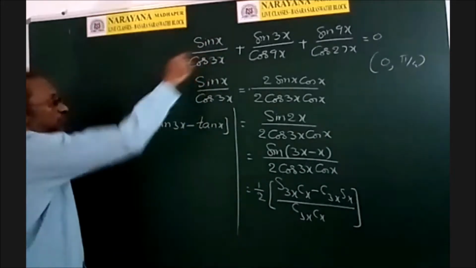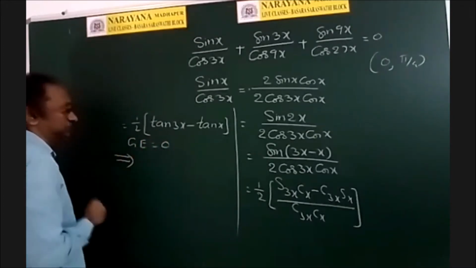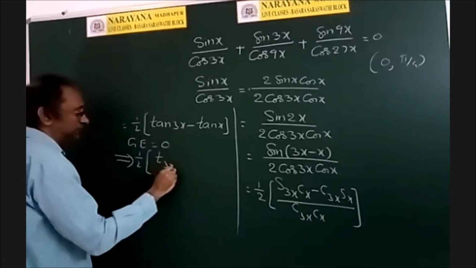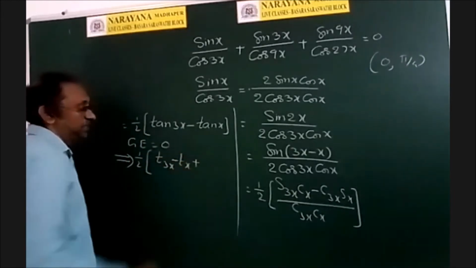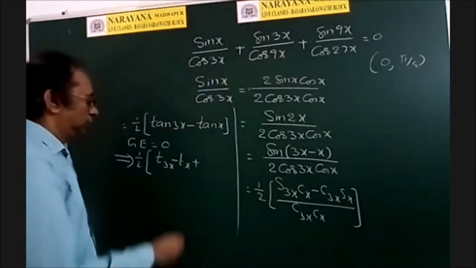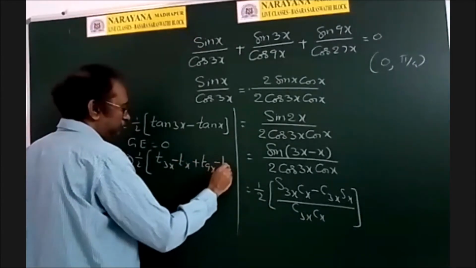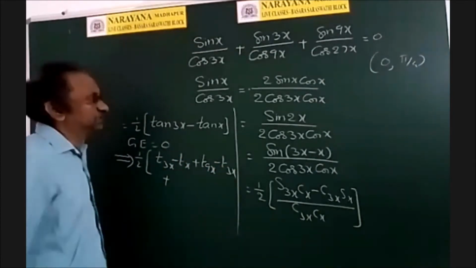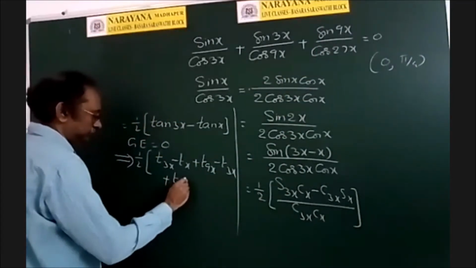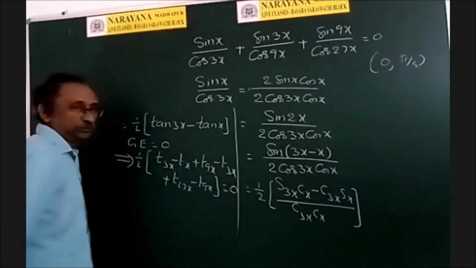And therefore, the given expression is equal to 0 implies, for the first one, half into tan 3x minus tan x. Then tell me now for this one what happens? Half into, already I have written half, so tan 9x minus tan 3x, plus, for the third one, tan 27x minus tan 9x is equal to 0.